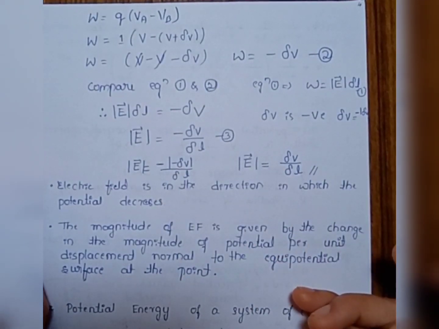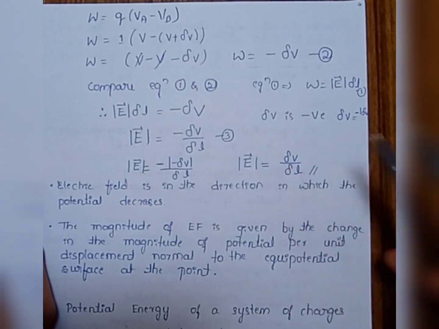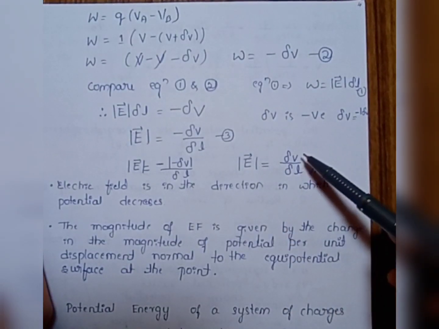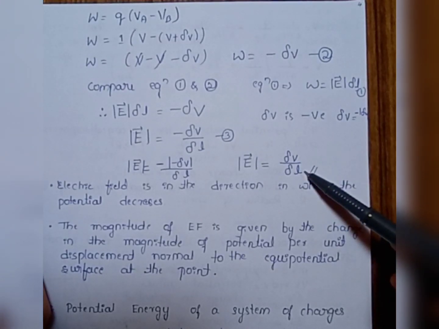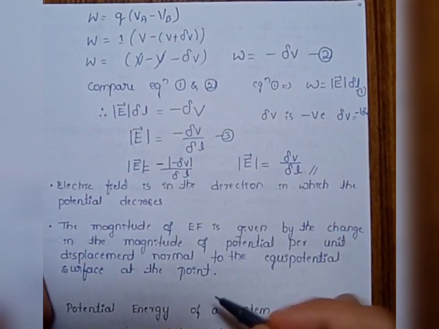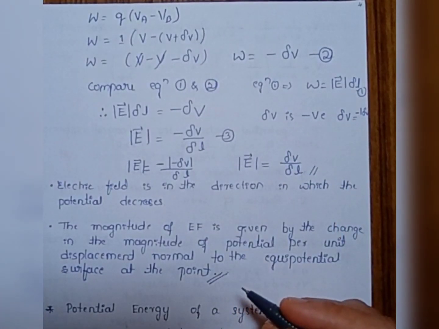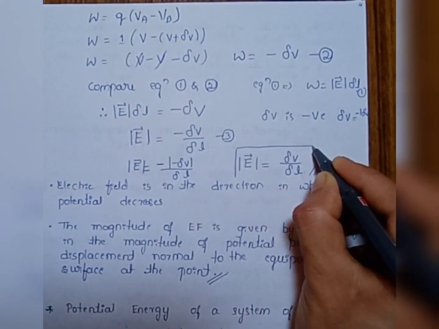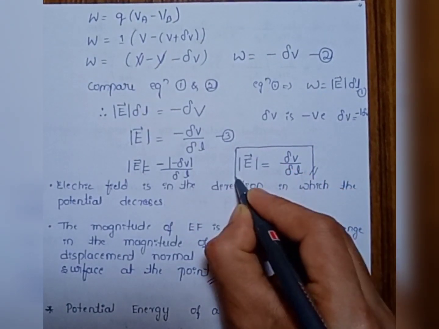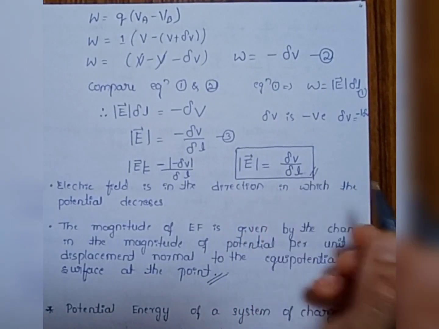The magnitude of the electric field is given by the change in the magnitude of the potential per unit displacement normal to the equipotential surfaces at the point. This is the relation between electric field E and the potential V.